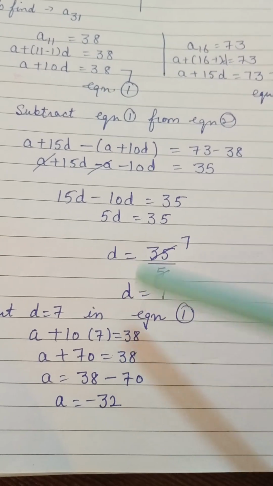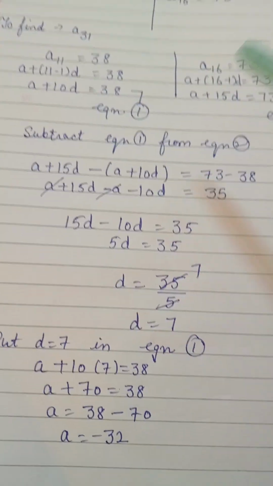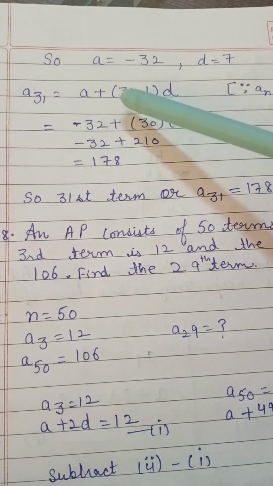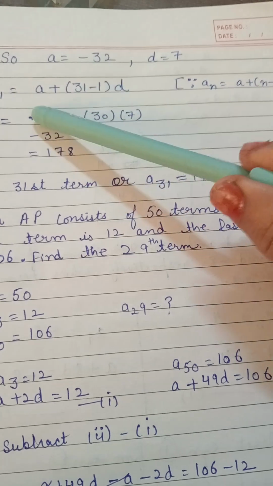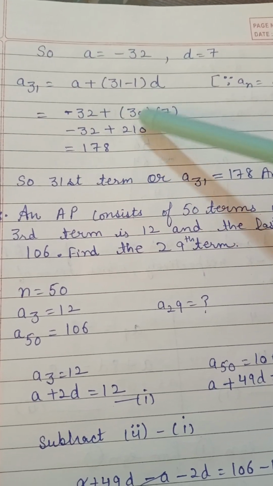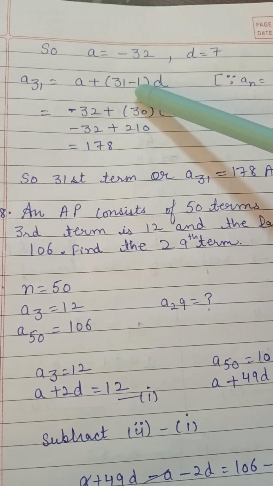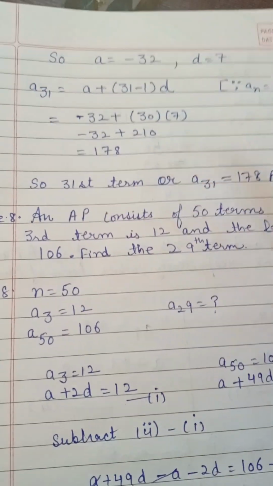Now we have the value of D also, we have the value of A also, but we have to find A31. So when we have to find A31, we have to apply the same formula. This time we have to fill in the values of A and D. So minus 32 plus 30 multiplied, this is 31 minus 1 D, 30 multiplied by 7, because we know that n is here 31.